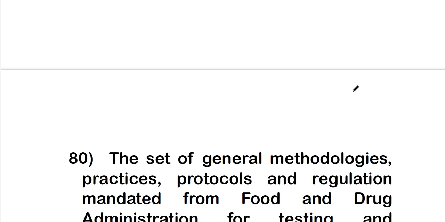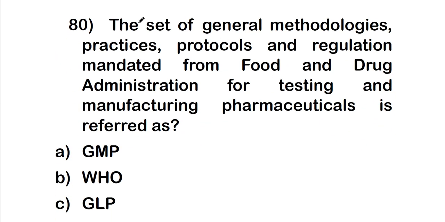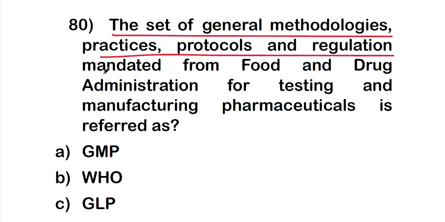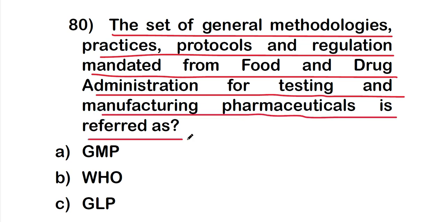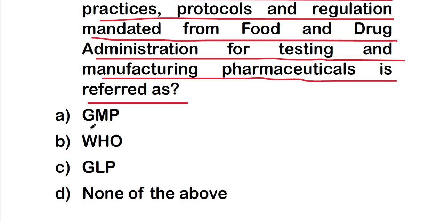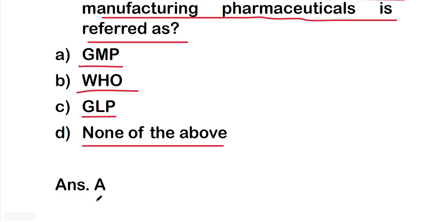Okay, so the last question of this video, that is the set of general methodologies, practices, protocols and regulations mandated by the Food and Drug Administration for testing and manufacturing pharmaceuticals is referred to as option A GMP, option B WHO, option C GLP, option D none of the above, and the right answer is option A, that is GMP.